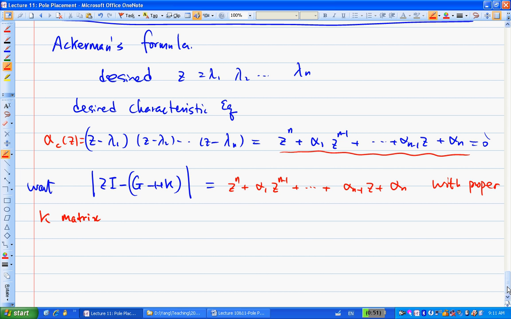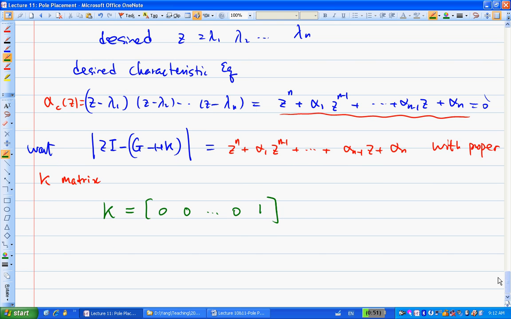Then the Ackermann formula basically says this: K equals 0, 0, 0, 1. How many zeros? N minus 1 zeros. So this is 1 by n here. Multiply by H, GH, up to G^(n-1) H, inverse.